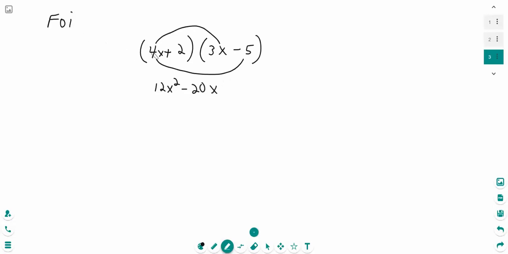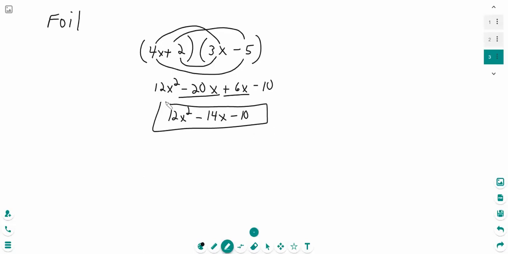Then we have our inside. 2 times 3x is a positive 6x. And then we have our last, our 2 and our negative 5, which is a negative 10. We combine like terms. We have a 12x squared minus a 20x, positive 6x is going to be a negative 14x minus 10. That is our solution. All right? Very good.